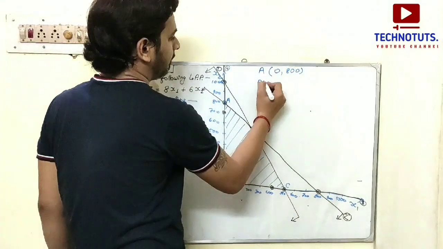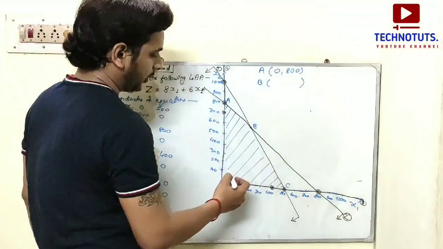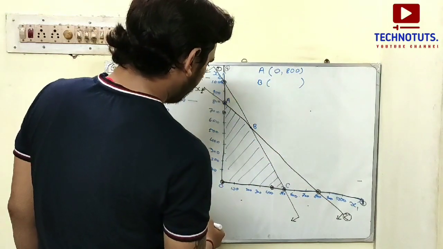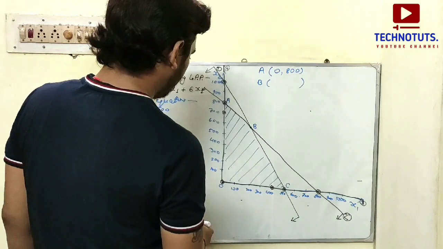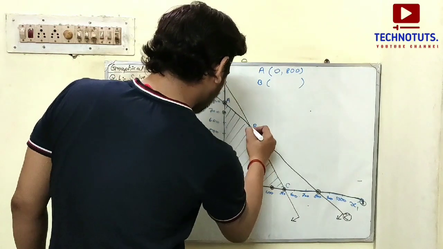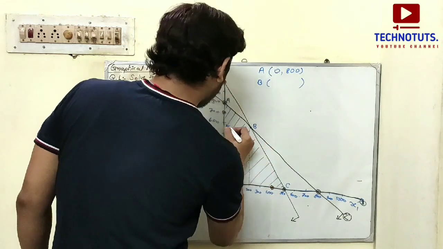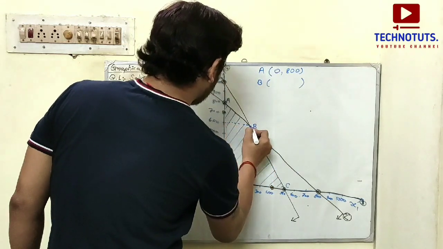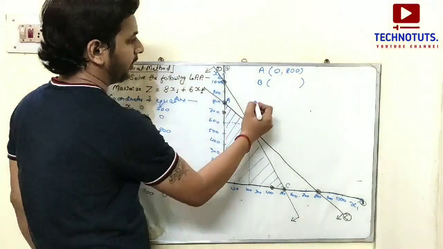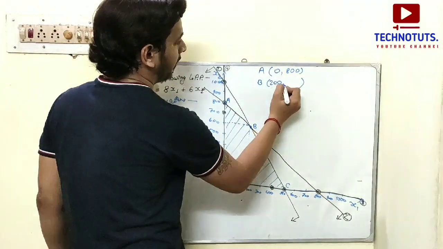Coordinates of point B you have to find out. Coordinates of point B are x1 is 200 and x2 is 600.